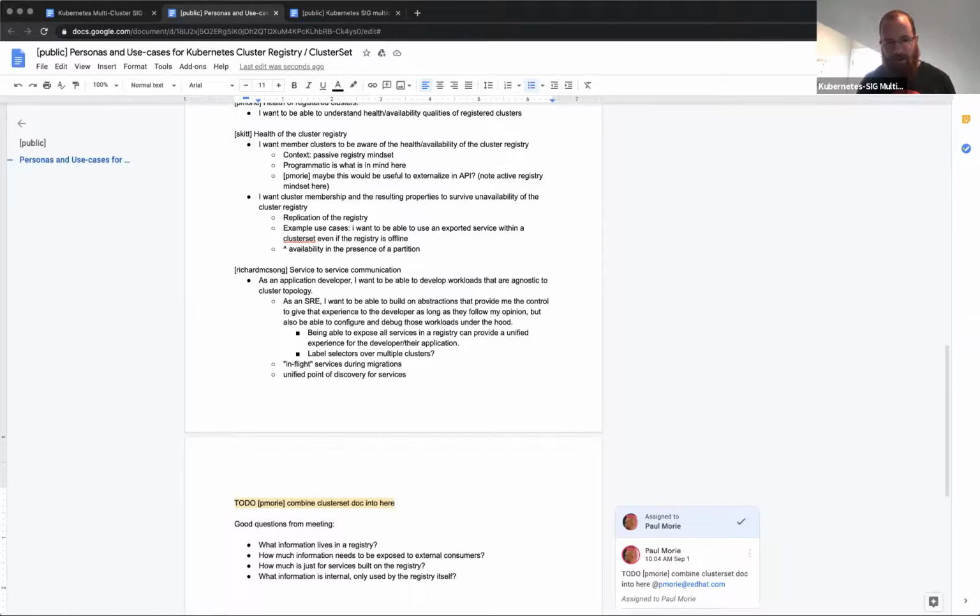We probably have enough from this list for things that external consumers want to query in a registry. With Submariner where it is, there's probably a good list of what we need just for services. This last one's probably hard at this point, and we'll probably just develop it out of the others.